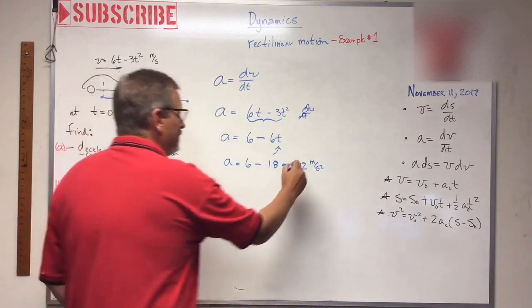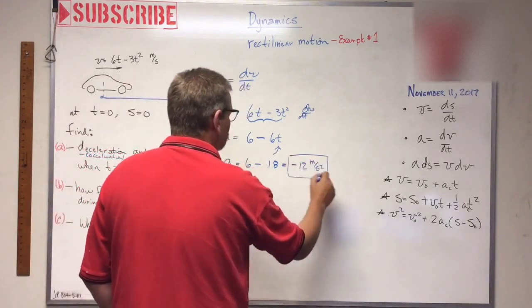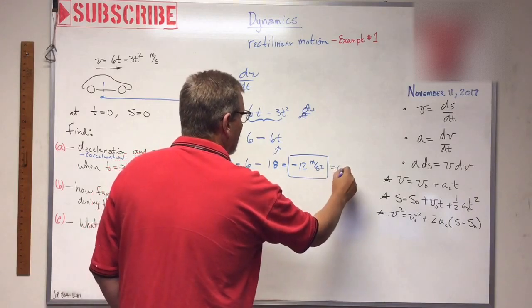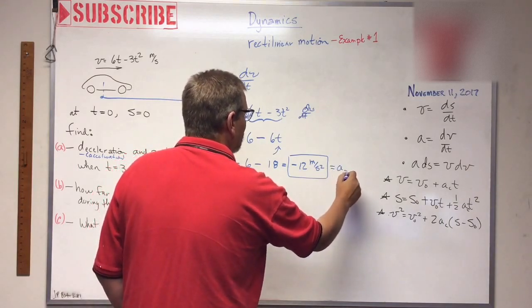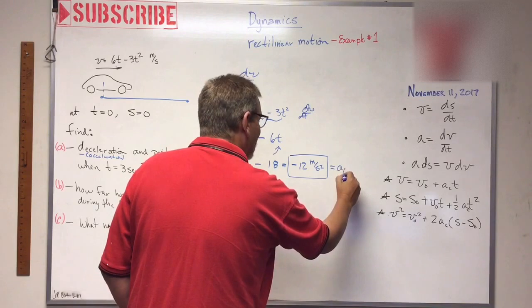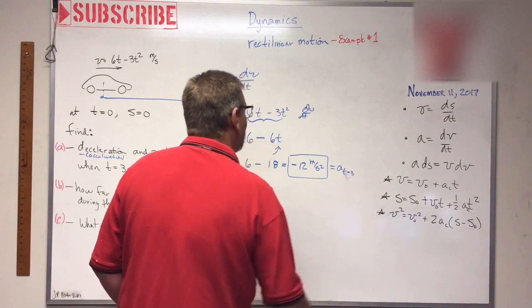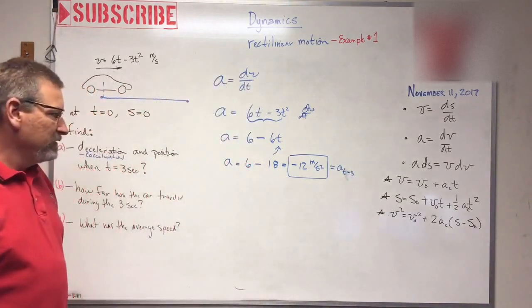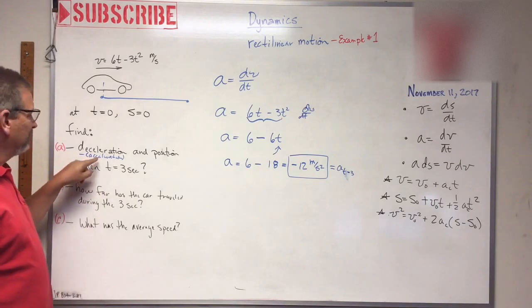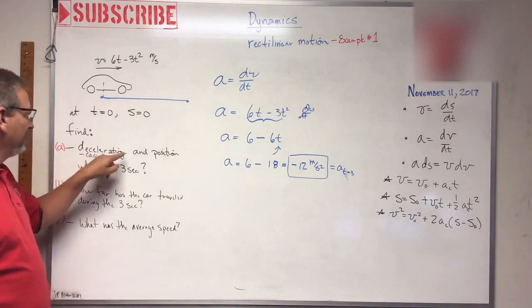Okay, so that is a, at time t equals 3 seconds. So that's the deceleration. Obviously the negative tells us it's decelerating.